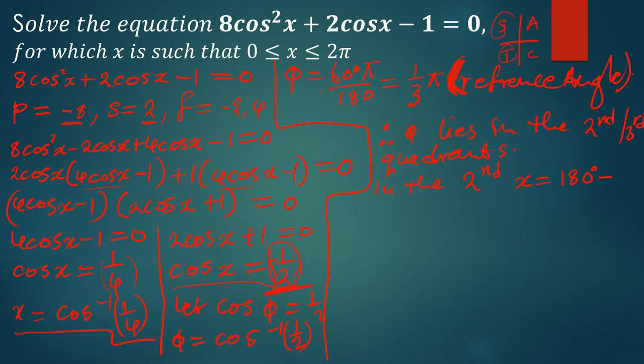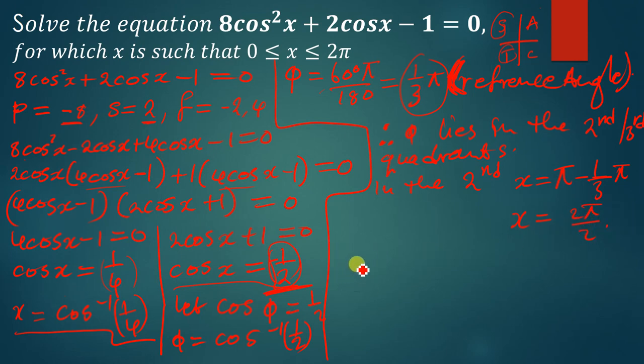In this case we're using radians, so we don't use 180. 180 degrees is equivalent to pi in radians. So in the second quadrant, x is equal to pi minus 1 over 3 pi, which is just the reference angle. So the value of x here will be 3 pi minus 1, that will give us 2 pi over 3. So this is the first angle that we have.